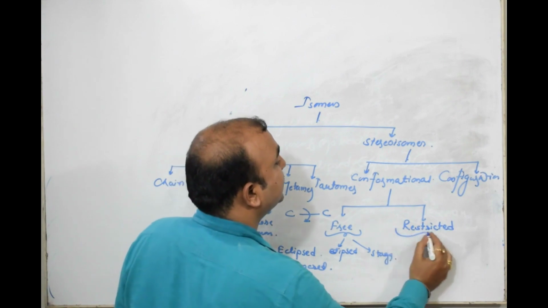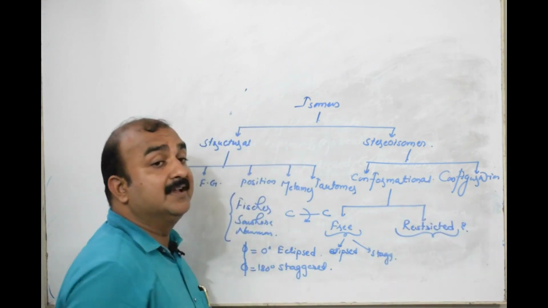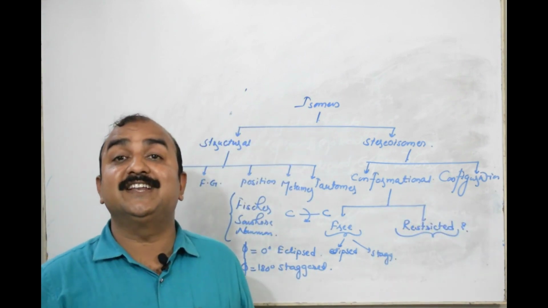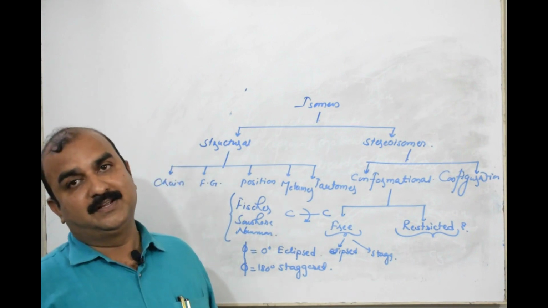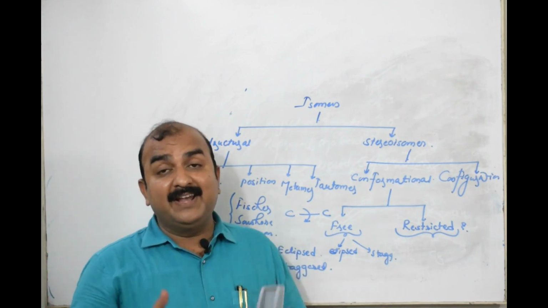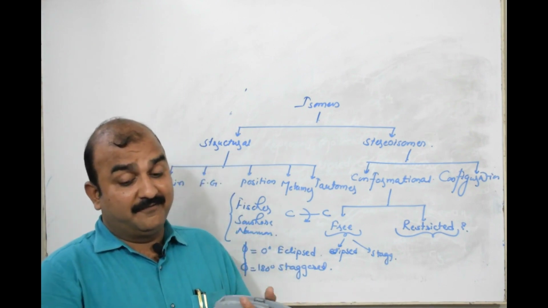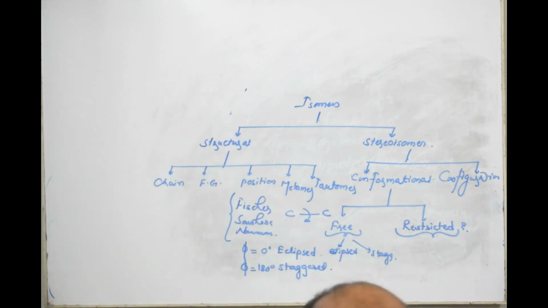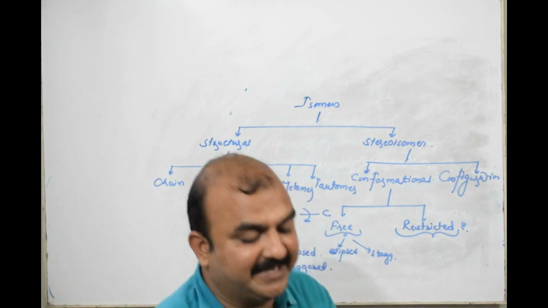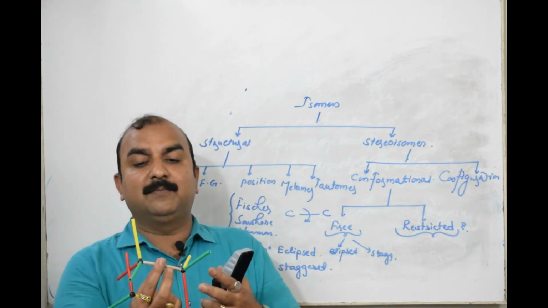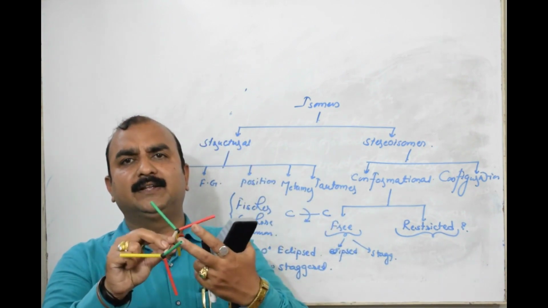Now my question is, when we are having restricted rotation in a carbon-carbon single bond. Now I want to tell you one interesting thing. It is a carbon-carbon single bond. Now it is free to rotate.